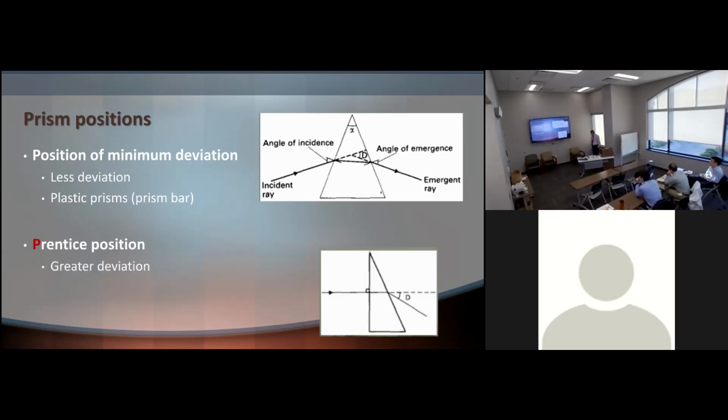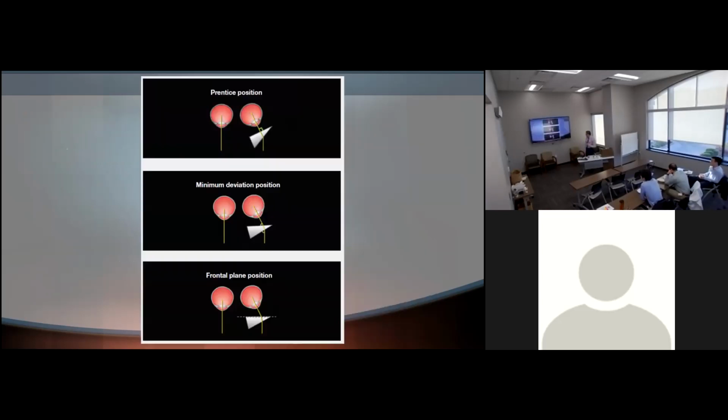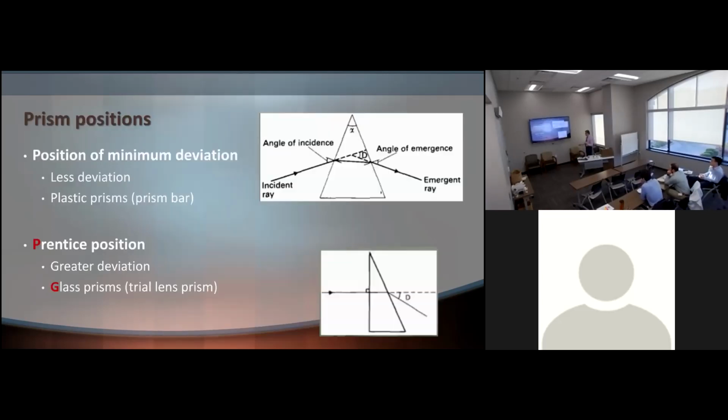The Prentice position prisms are the prisms that are typically designed for maximum deviation, and they are calibrated on the glass-based prisms that we have in trial frames in all trial sets. Okay. So again, think about Prentice with the glass, GP, like general practitioner, whatever helps us memorize it. So again, the glass goes with the Prentice, the plastic goes with minimum deviation.